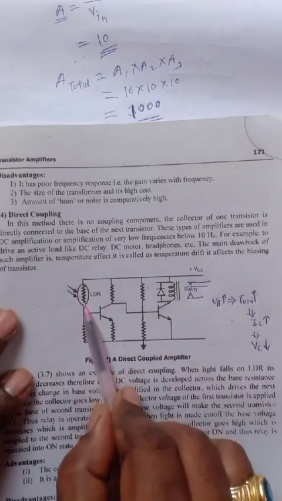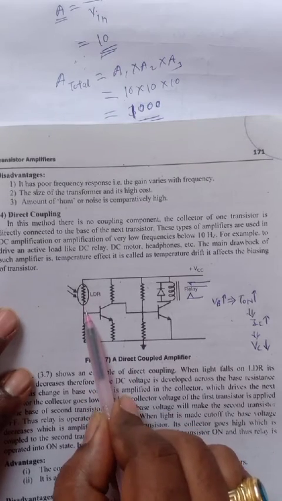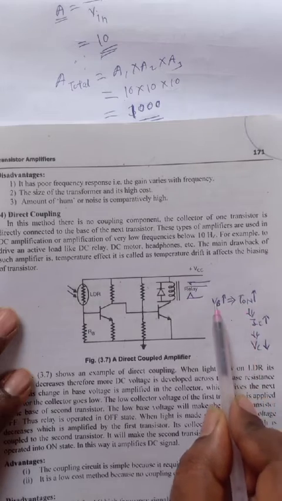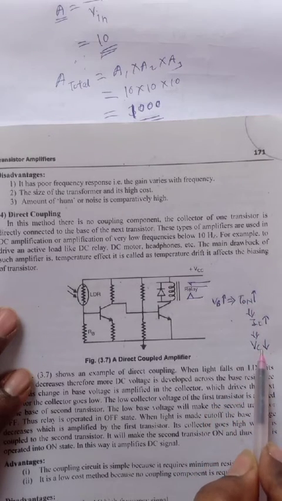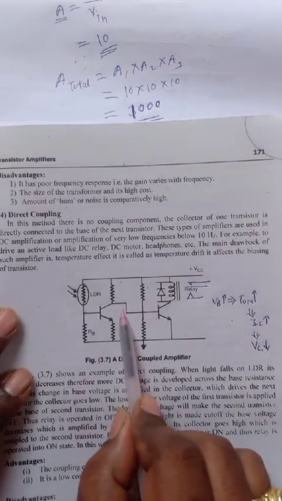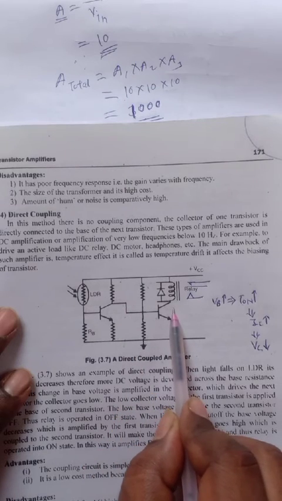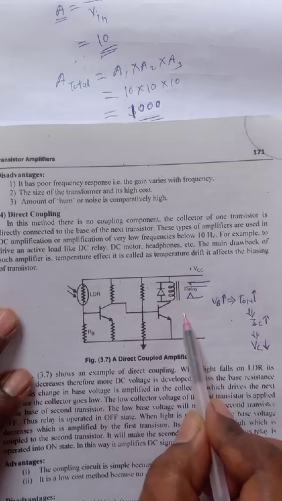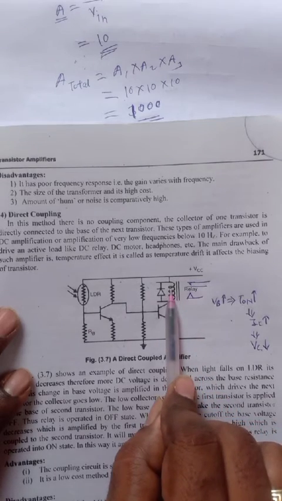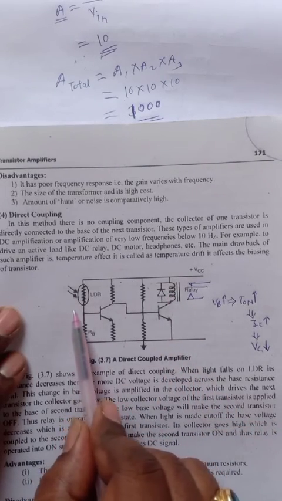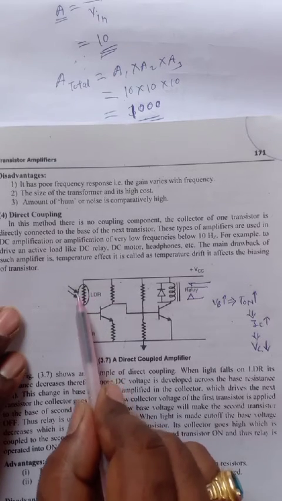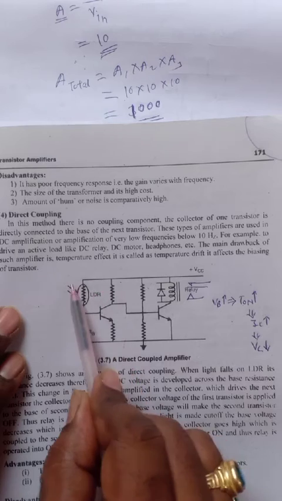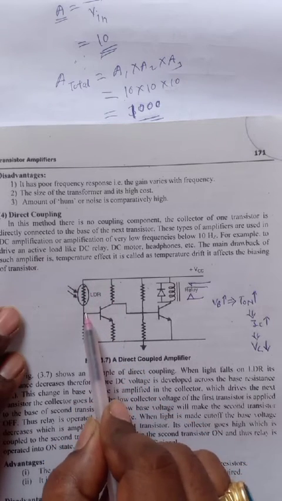When the LDR is in dark, there is no current and the base voltage is low.